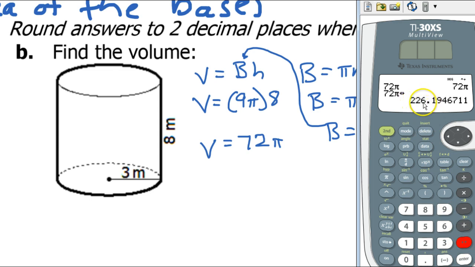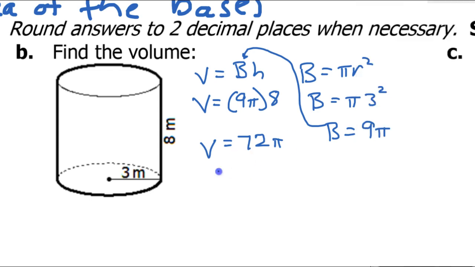That is 226.19. And the units of volume are always cubed. So this will be cubic meters, or you could say meters cubed.